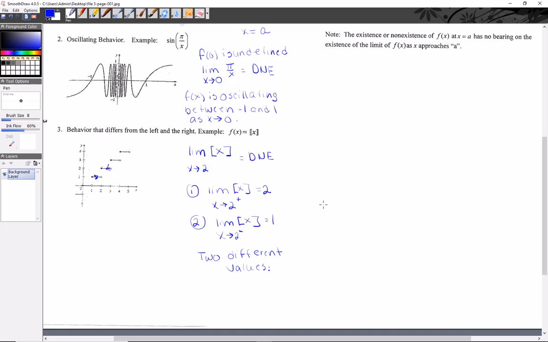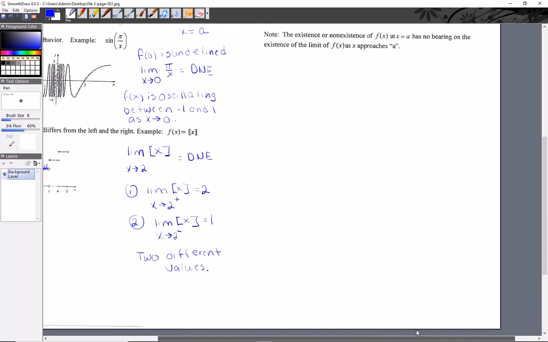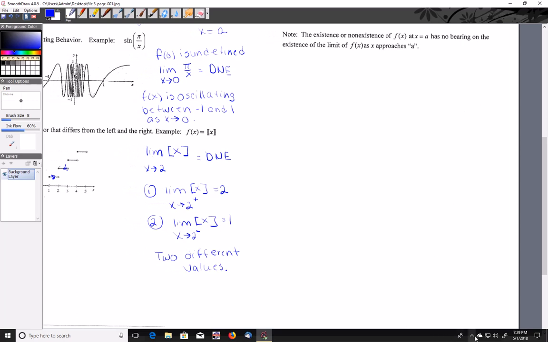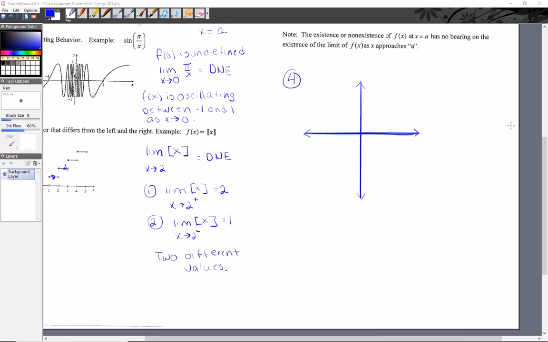Okay, so the very last thing is going to be an infinite discontinuity, and I just want to spend a moment on that. So I want to draw it, so stand by while I do that. All right, so here we are, and I just put a quick set of axes here.